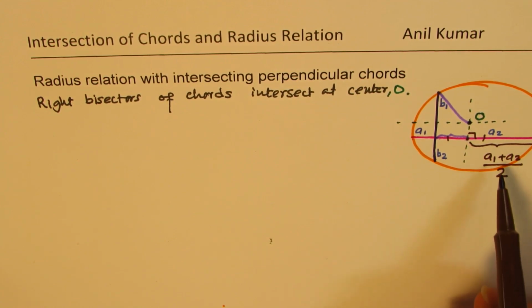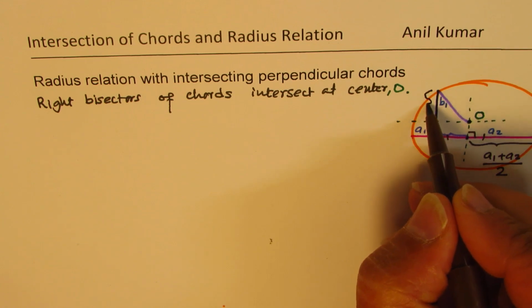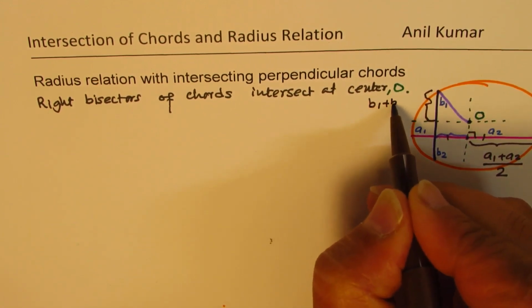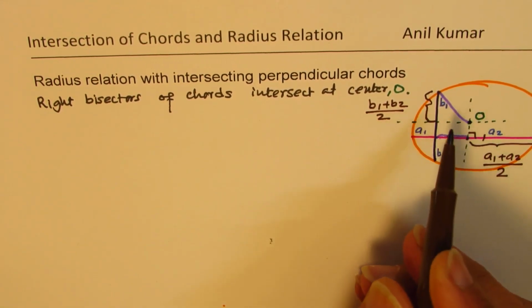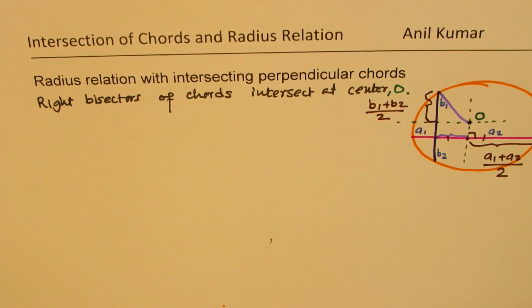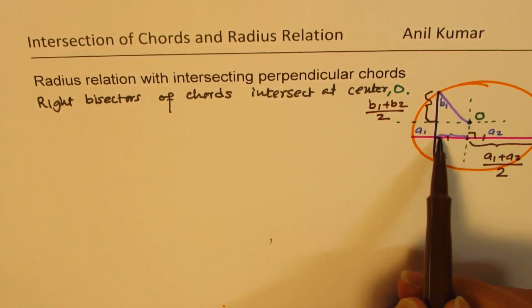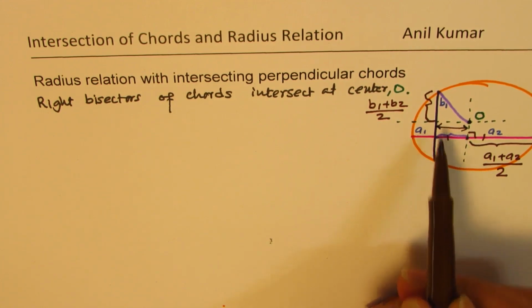Clear? Similarly, this length here is (B1 + B2) divided by 2, since we have the perpendicular bisectors. Now we need this length shown here. How much is this? This is what we need to figure out.